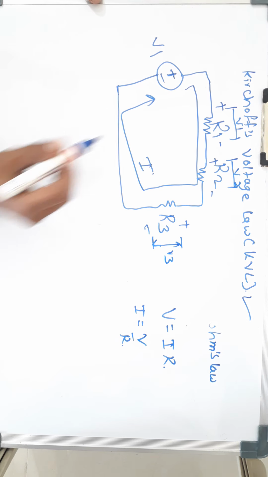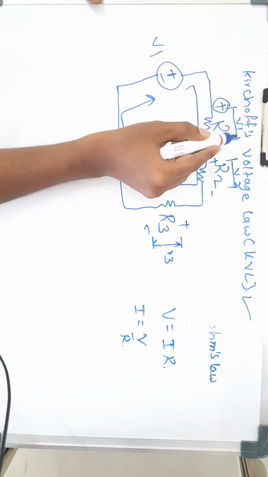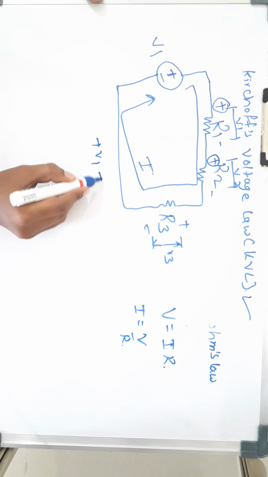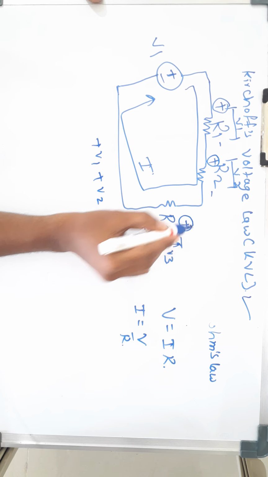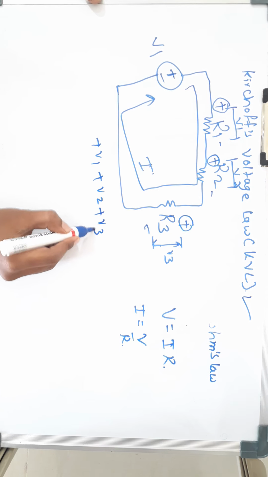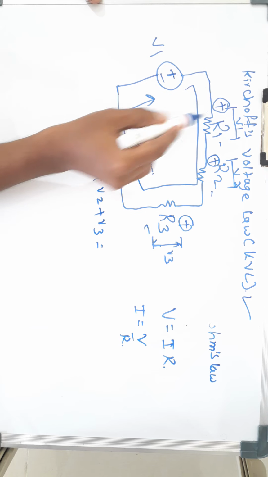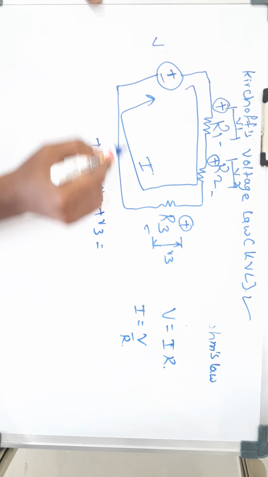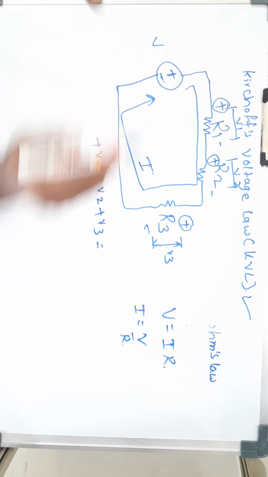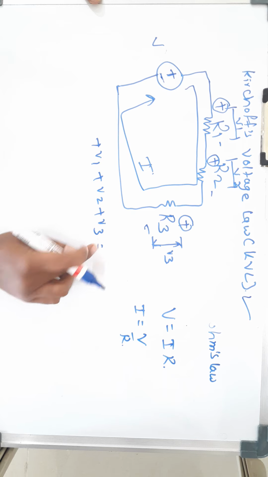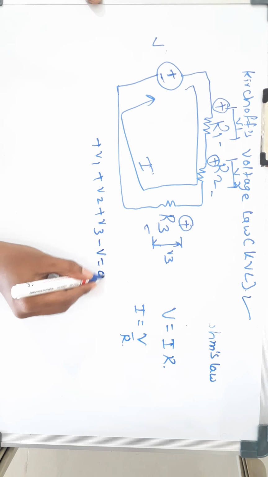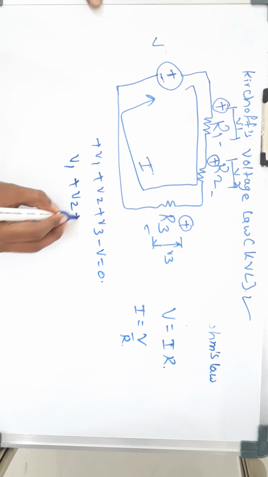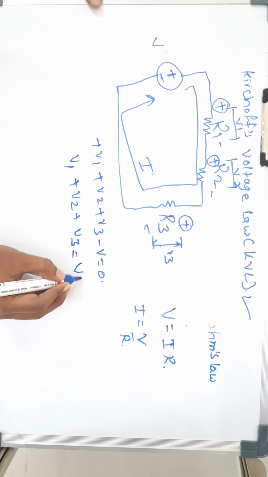I will write plus V1, plus V2, plus V3. Then it will come to the source V, where we have the negative sign: minus V equal to 0.